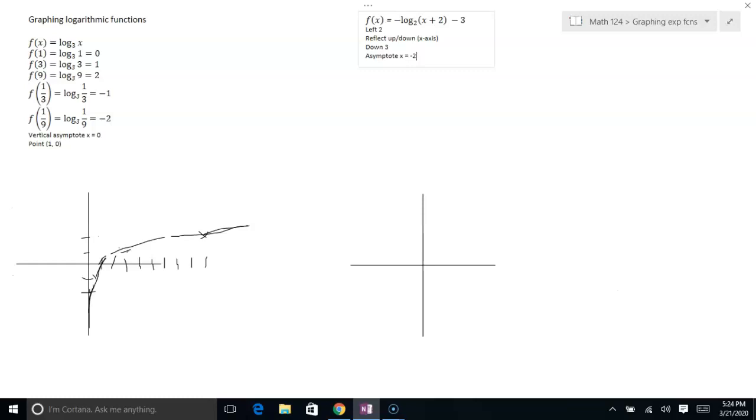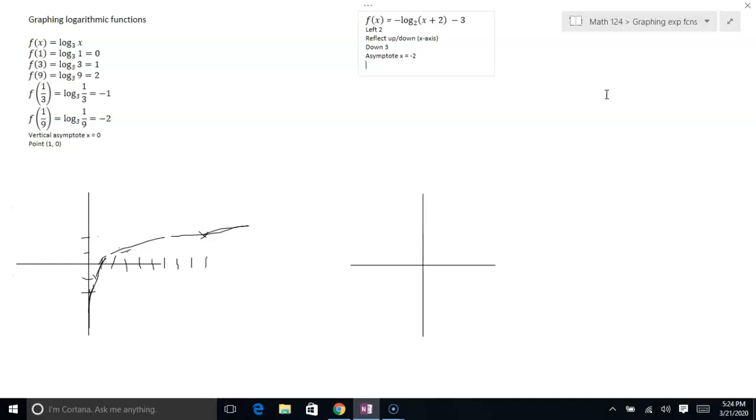If I reflect a vertical line vertically, the top goes down and the bottom goes up, and I end up with the same vertical line. So that doesn't do anything to it. If I move it up and down, again, nothing happens. Same vertical line. So that left shift by 2 is the only thing that affects the vertical asymptote.